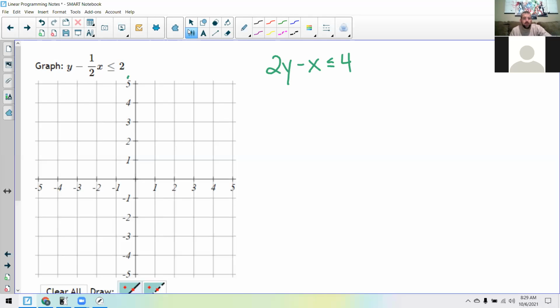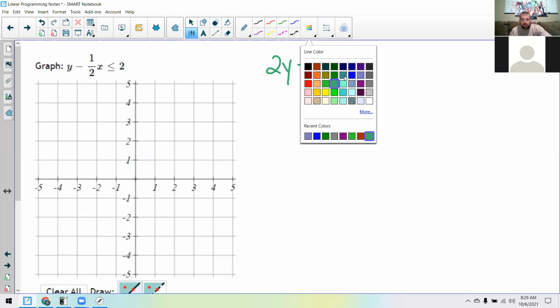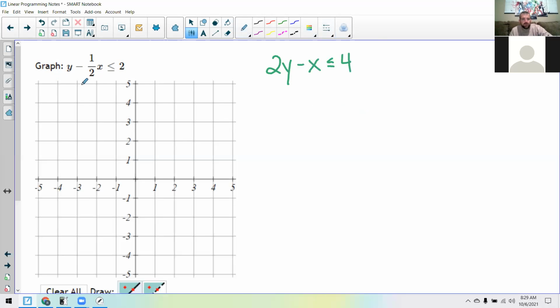What else could you have done? Let me do this in a different color because I can come back to it later. If I wanted to solve this for y, so it's in slope intercept form, I could have just added 1/2 x to both sides. So look, I get y is less than or equal to 1/2 x plus 2.